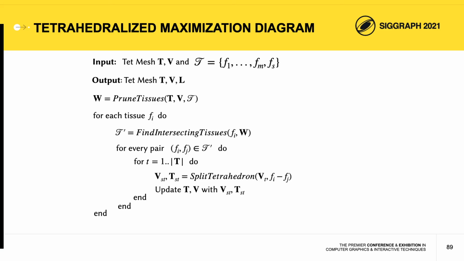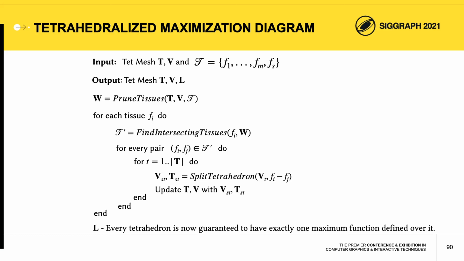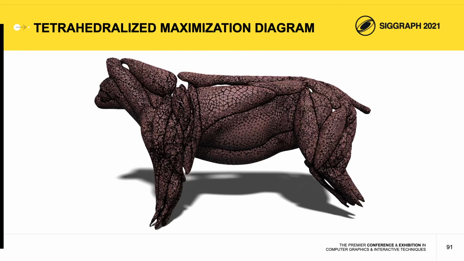Finally, we update our TET mesh with the new split subtets. And in the end, every tetrahedron is now guaranteed to have exactly one maximum function defined over it, which becomes our labeling vector. And here's an example of the final tessellation produced by the upper envelope algorithm.